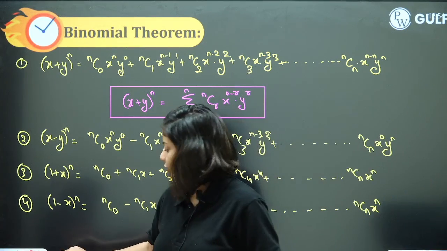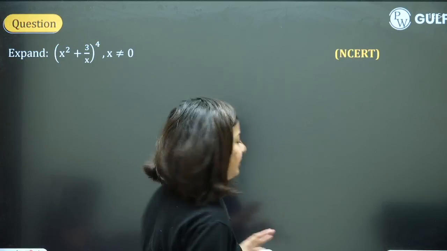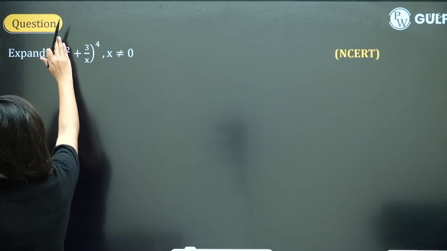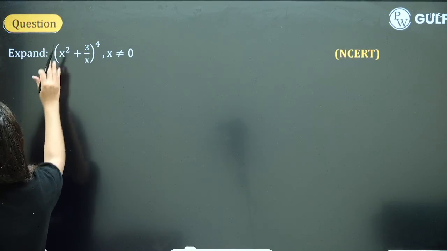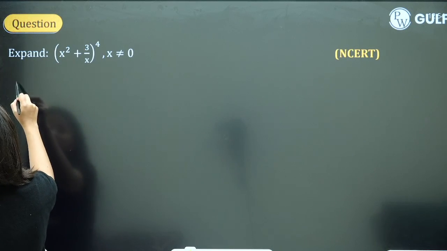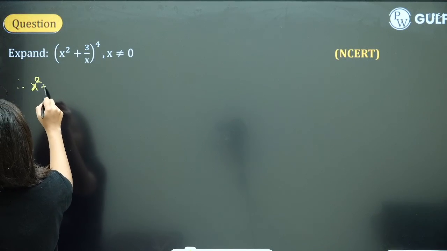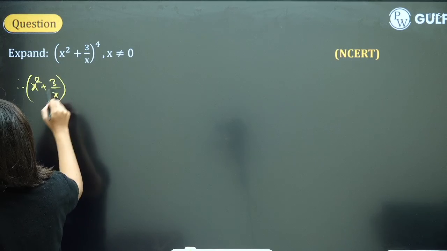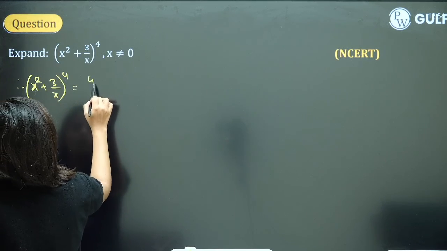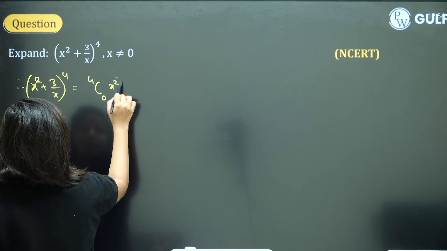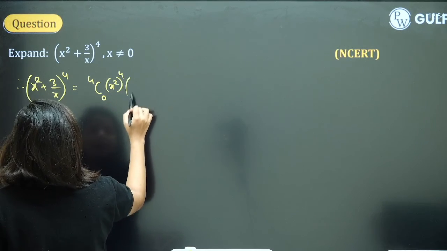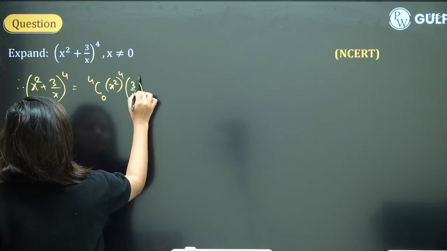Alright, great, good. So let's try questions: expand this by the binomial theorem. First term and second term are given to us. Therefore, (x square plus 3 by x) the whole raised to 4 will be equal to 4C0, first term raised to 4 minus 0 and second term raised to 0.